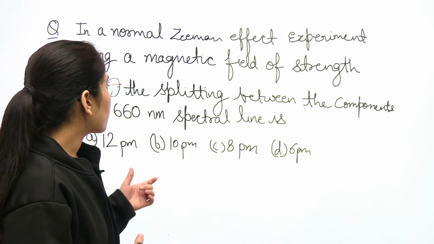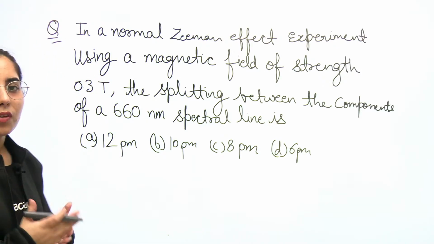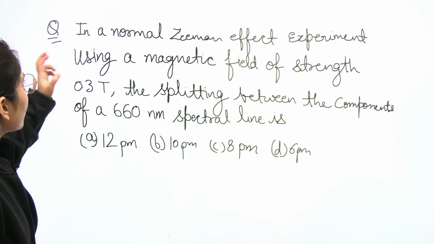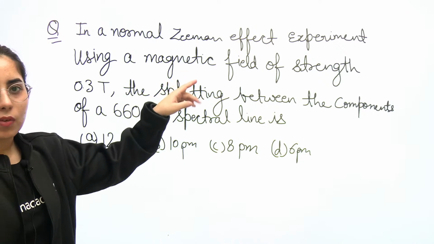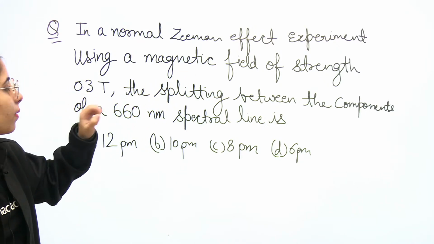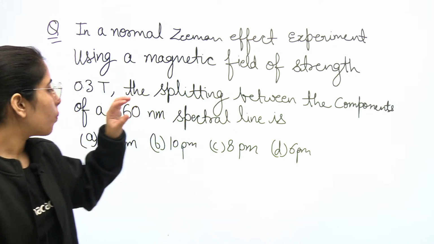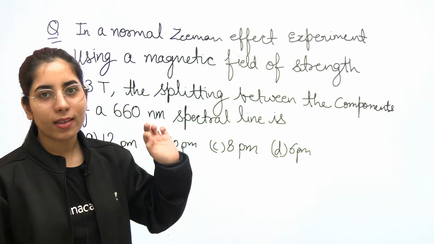Let's read the question once to get the complete information. The question is: in a normal Zeeman effect experiment using a magnetic field of strength 0.3 Tesla, the splitting between the components of a 660 nanometer spectral line is.